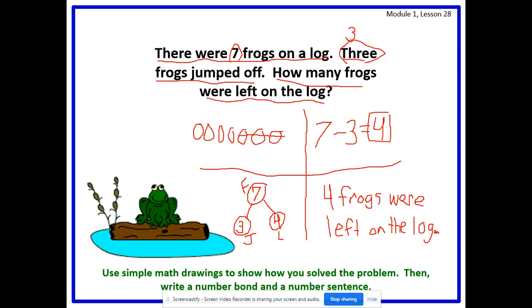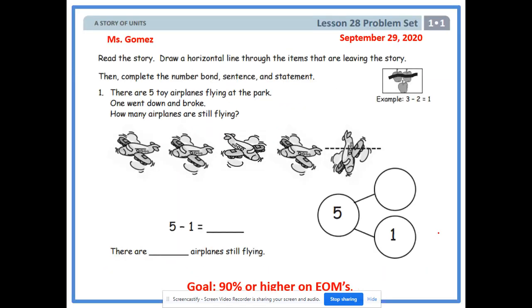Awesome. Now we're going to go ahead and go to our problem set for lesson 28. Make sure that you turn to your problem set for lesson 28. Go ahead and press pause on the video and press play when you found your problem set in lesson 28. Awesome.